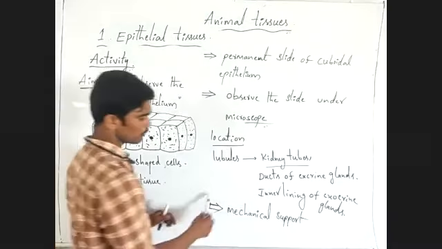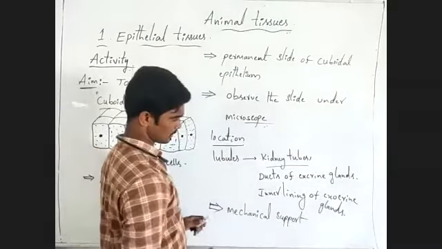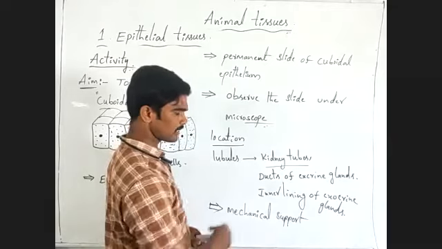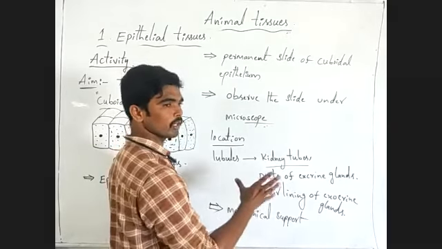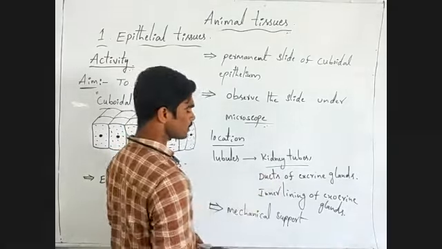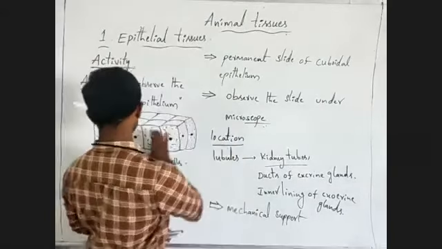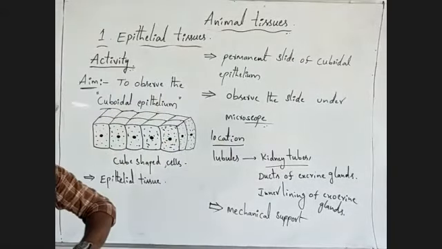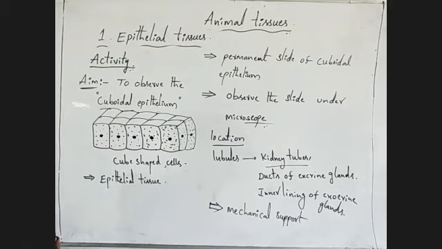Kidney tubes or any other tubes can get mechanical support from this cuboidal epithelial tissue. Okay, this is about cuboidal epithelial tissue.